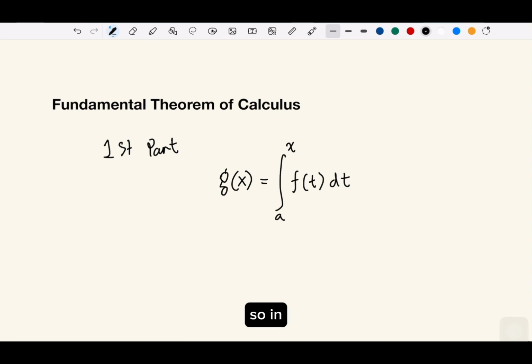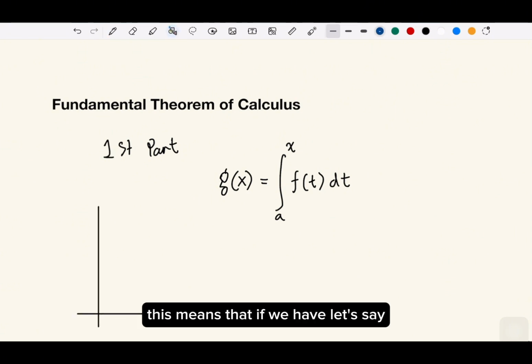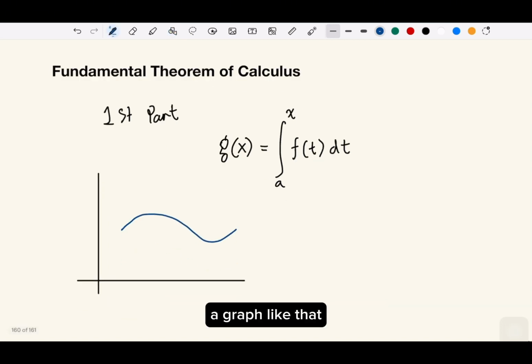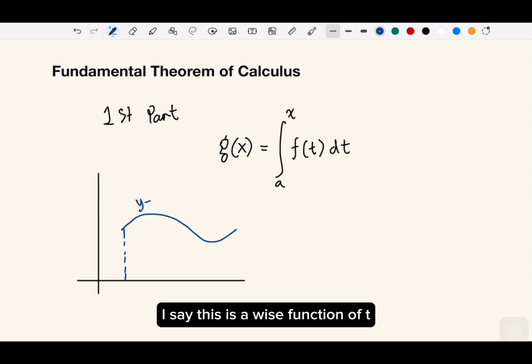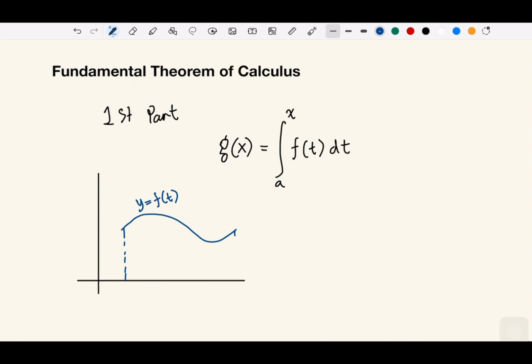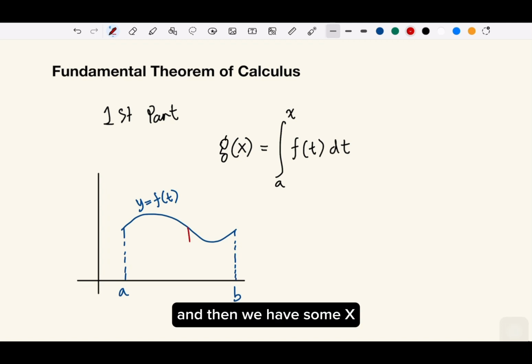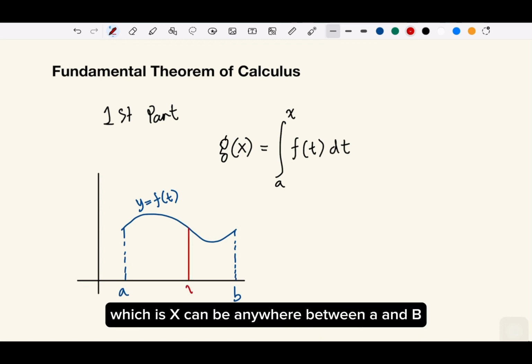So in visuals, this means that if we have, let's say, a graph like that, let's say this is y is a function of t, and this is a, b, and then we have some x, which can be anywhere between a and b.